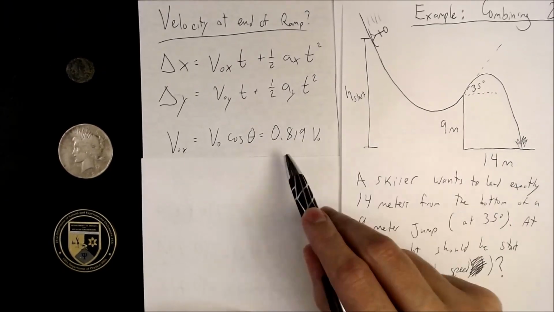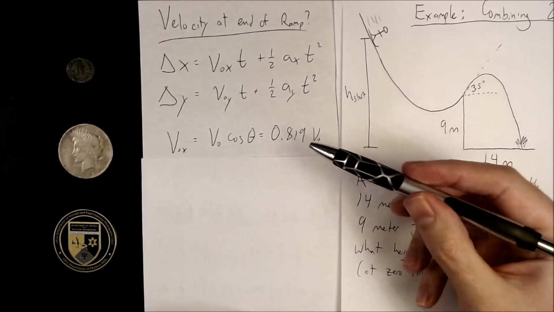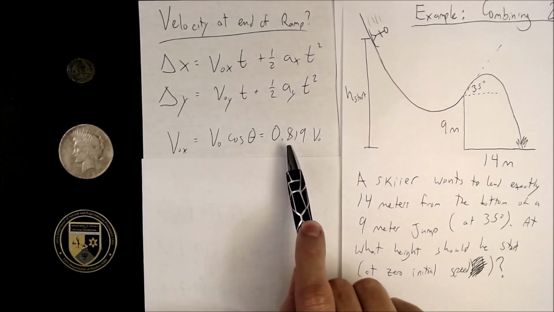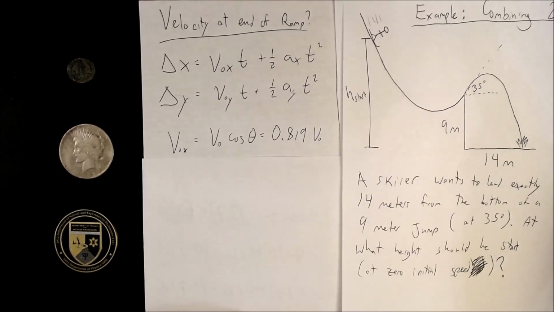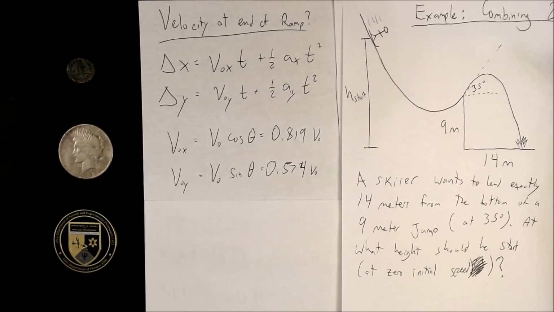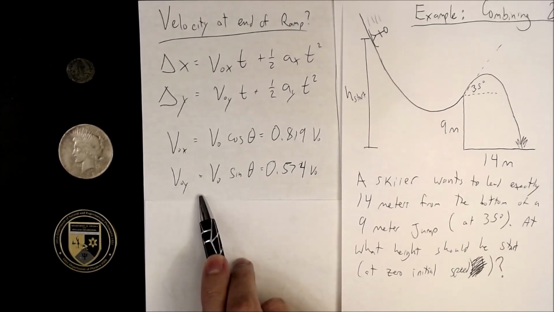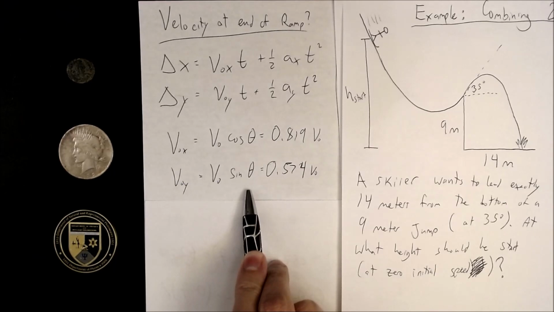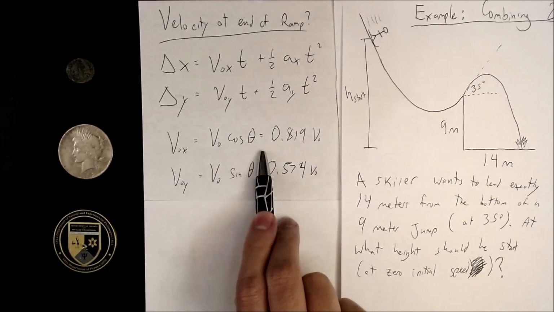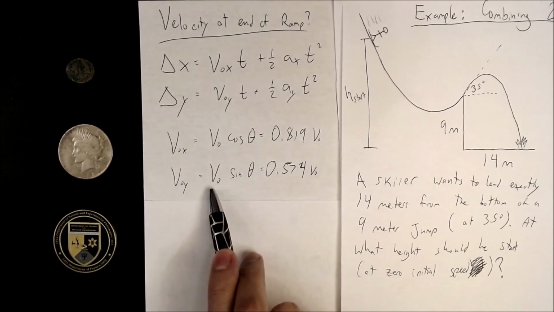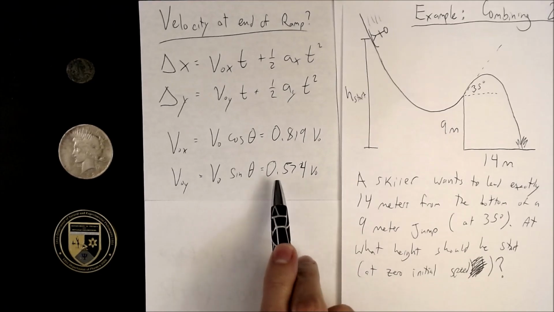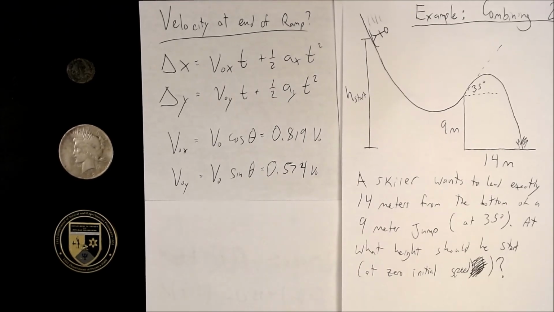I plug that into my calculator, and I get that v naught x is equal to 0.819 v naught. Same thing for v naught y. V naught y is equal to v naught sine theta, the y component of the initial velocity. Plug that into your calculator with theta being 35 degrees, 0.574 v naught.